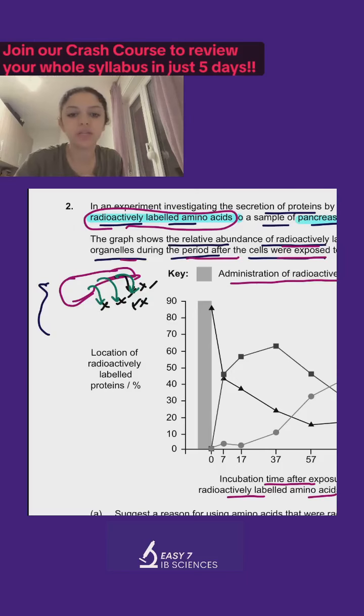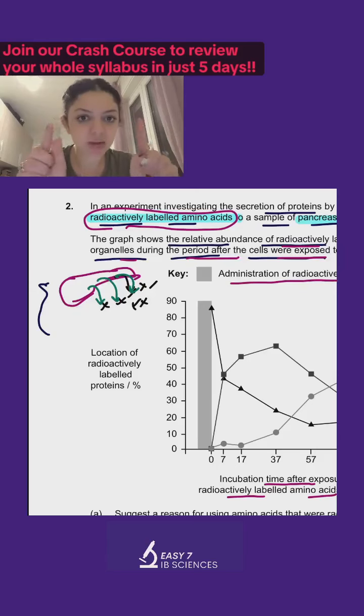Because we know in the digestive tract, what's the point of the digestive tract? The point is to digest the stuff and then absorb it for nutrients. The pancreas is just doing exactly that. So the pancreas is going to break it down and take it in. Now, the key thing here is that they're digesting the amino acid, absorbing it, but it's radioactive amino acid.